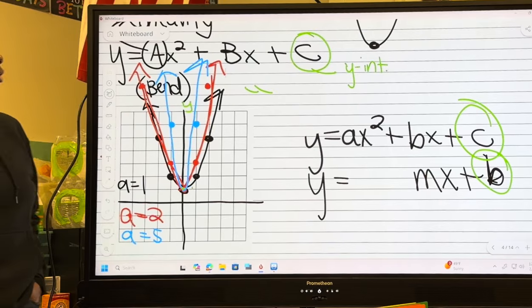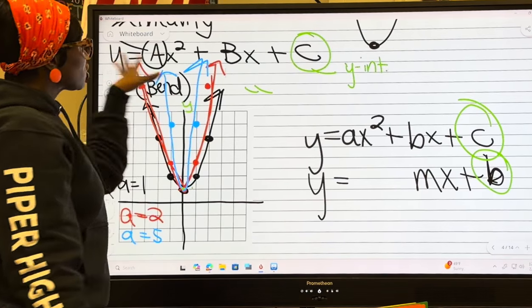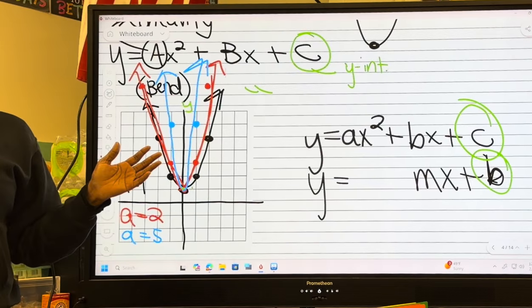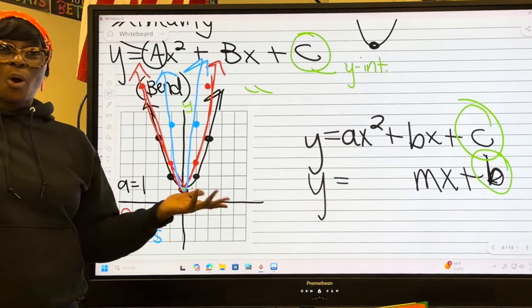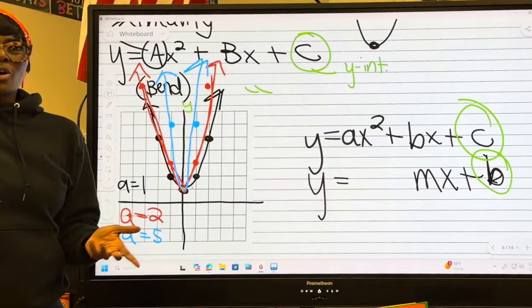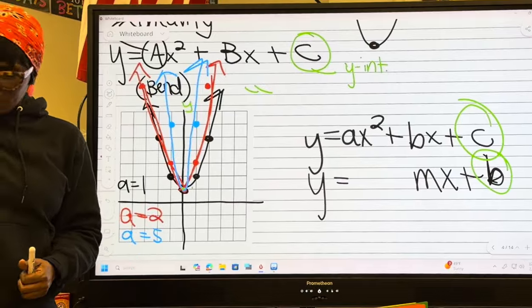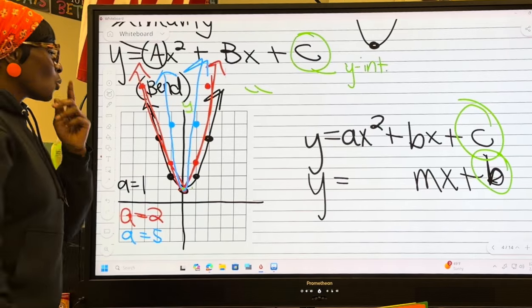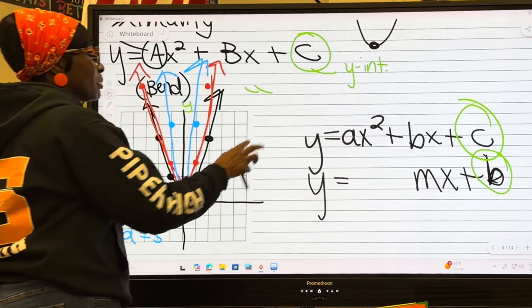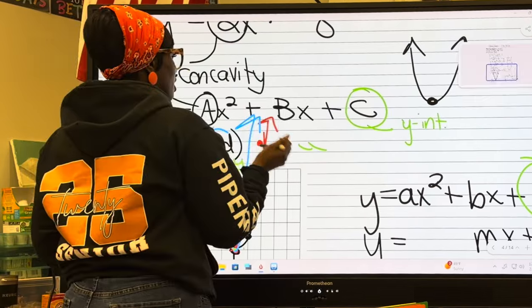Okay? Now, what else do we know? Just from looking at standard form, I can figure out a lot. A: concavity, up, down, max, min, wide, narrow. C: where does it cross the y-intercept? I can tell you exactly where it's going to cross the y-intercept, right? B, what is B? B is a little bit more complex, but B is good information.